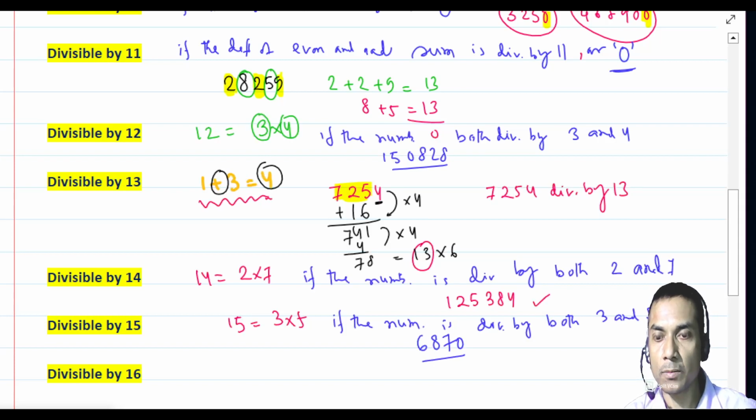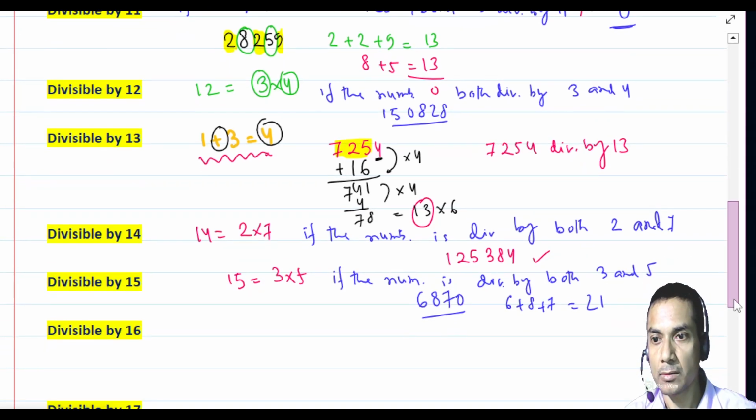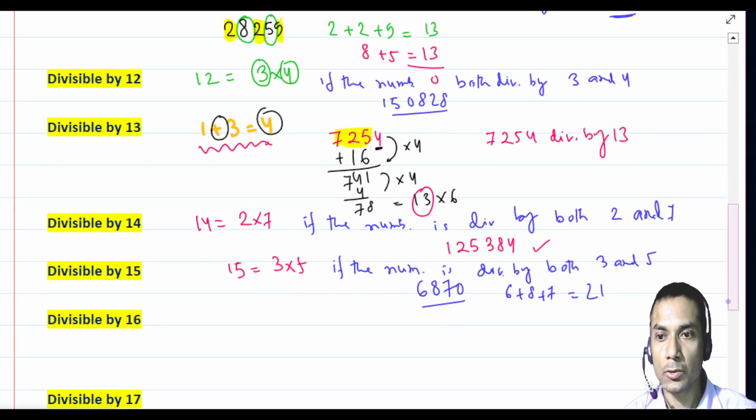You check it at home. It is divisible by both 3 and 5. Why? Because 0 is divisible by 5, and if you add together 6 plus 8 plus 7, you get 21. So 21 is divisible by 3. Clear? So this number is divisible by 15.